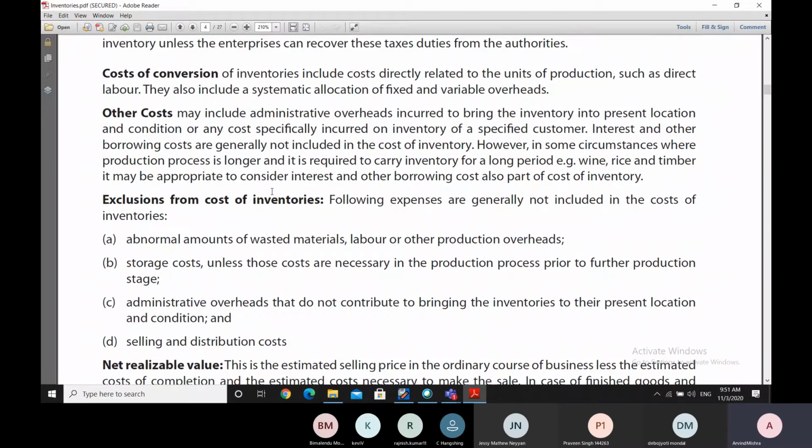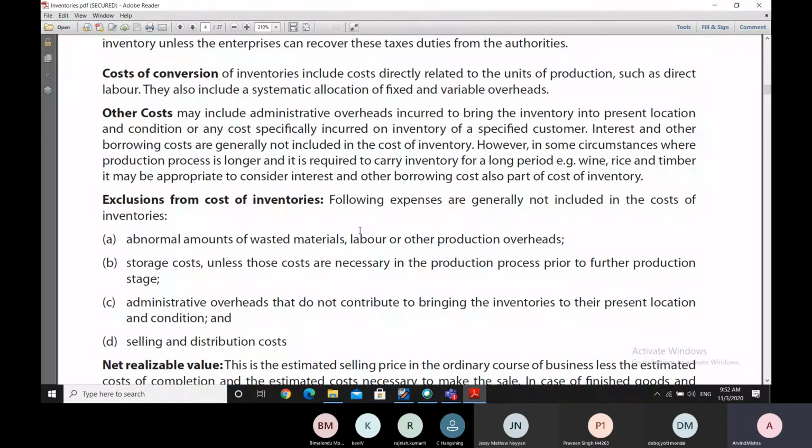So, number one, abnormal amounts of wasted material. If a reasonable wasted material is there, that is fine. But if an abnormal amount of wasted material, abnormal amount of labor, or abnormal amount of production overhead is being used, that abnormal amount will not be included in the cost of inventories, because that is not the norm.